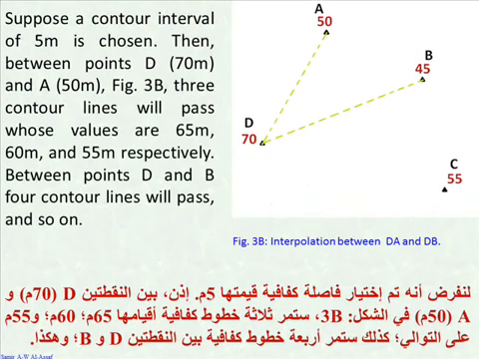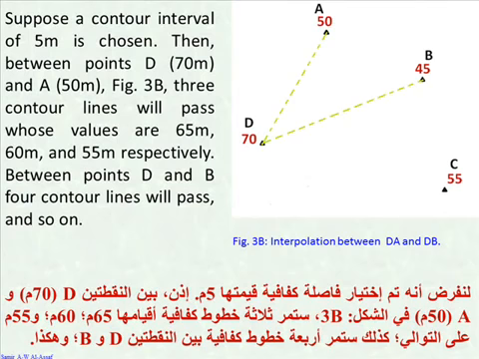Now suppose a contour interval of 5 meters is chosen. Then, between points D, whose elevation is 70 meters, and A, whose elevation is 50 meters, in the figure, 3 contour lines will pass whose values are 65 meters, 60 meters, and 55 meters respectively.